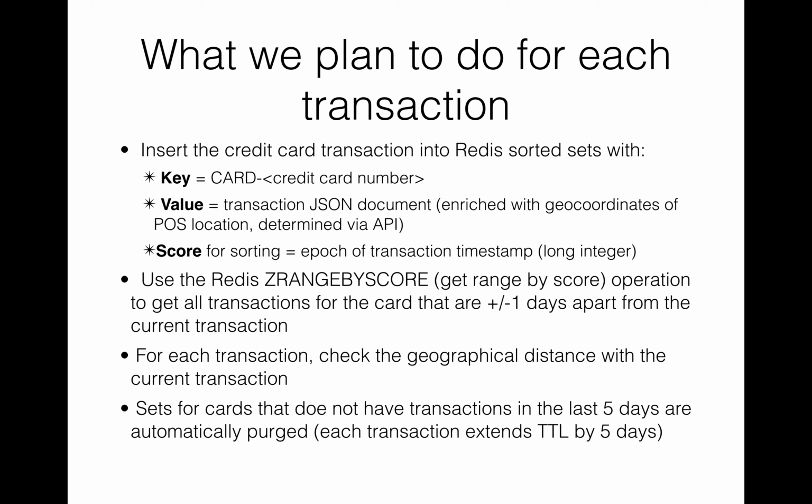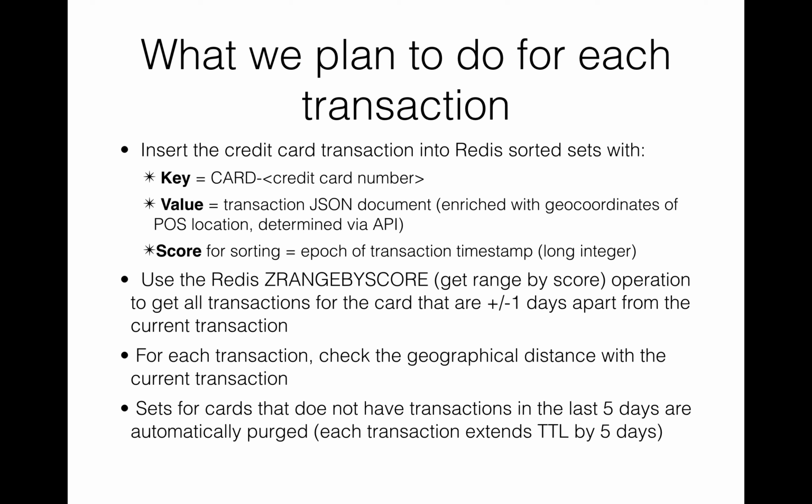So after storing this transaction with time and geographical coordinates, we check whether, for the same credit card, there are transactions which are close in time, plus and minus 1 day, and far apart in distance based on the geographical coordinates.